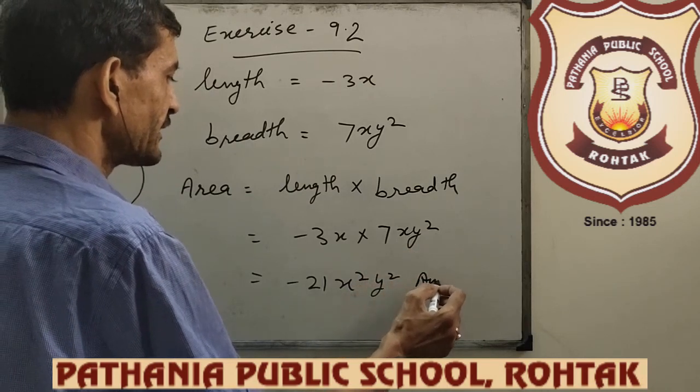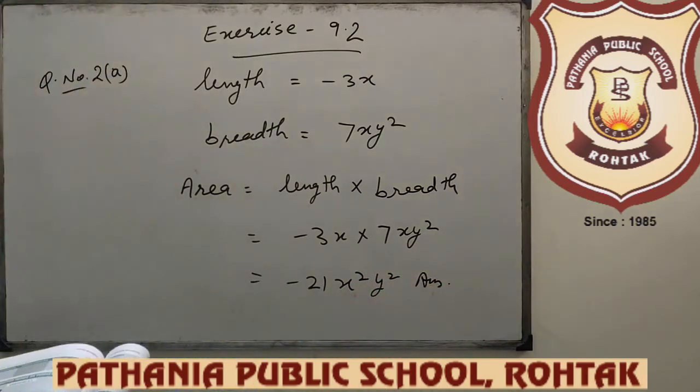This is the answer. In this way, in the second part also, length and breadth are given, in the third part also, fourth part also. All of them you have to solve in the same way. So it is question number 2, A part.